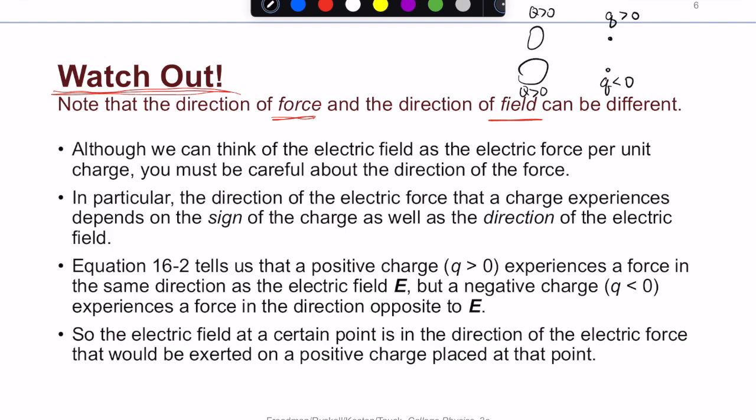Well, the electric field vector at this location is going to be pointing to the right no matter what, because the electric field vector belongs to big Q. However, the force vector, if little q is positive, will be to the right. If little q is negative, the force vector will be to the left. So you can see how the force vector can change directions, but the E field, which belongs to big Q, is always going to be the same direction.